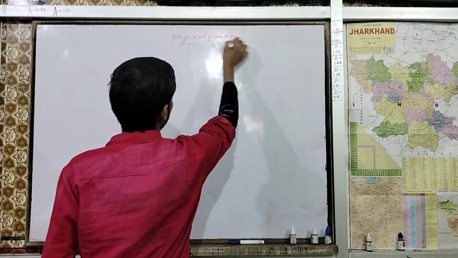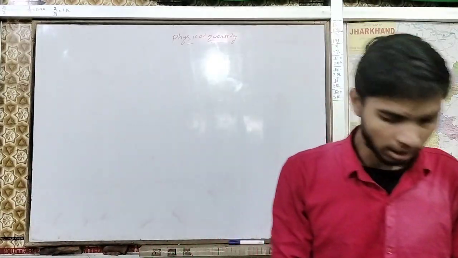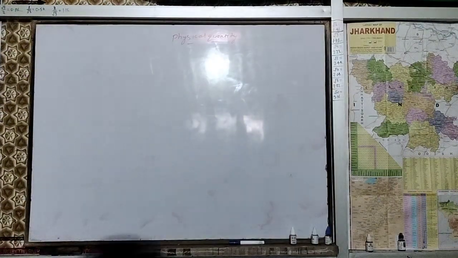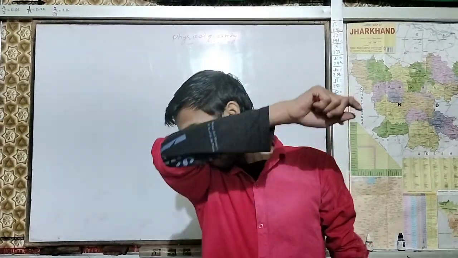Am I right? There are two types of quantity. First is physical, and another is unphysical quantity. So we will take, of course, physical quantities, because unphysical quantities are not taught in physics in this chapter especially.